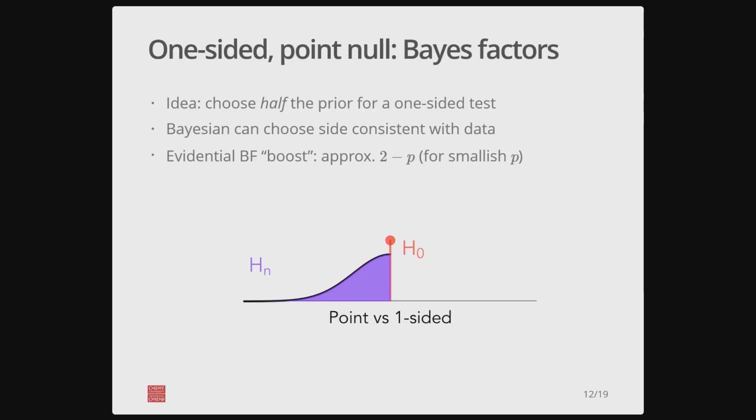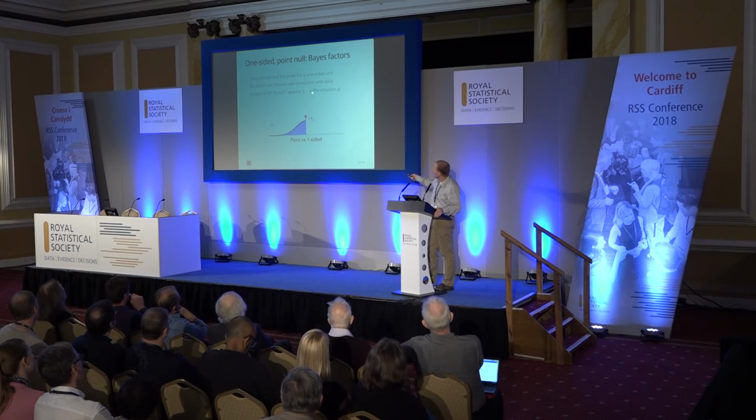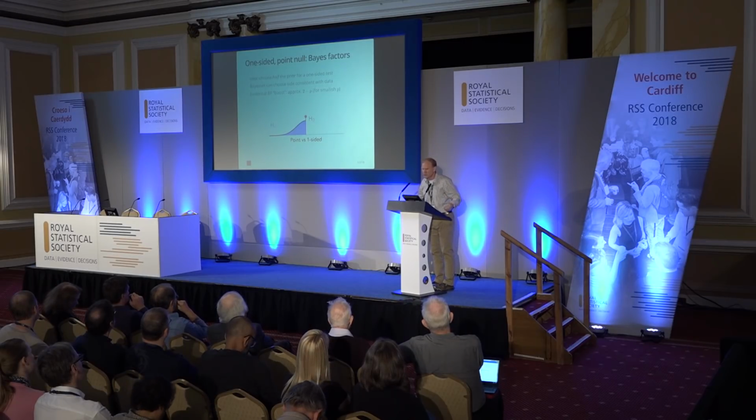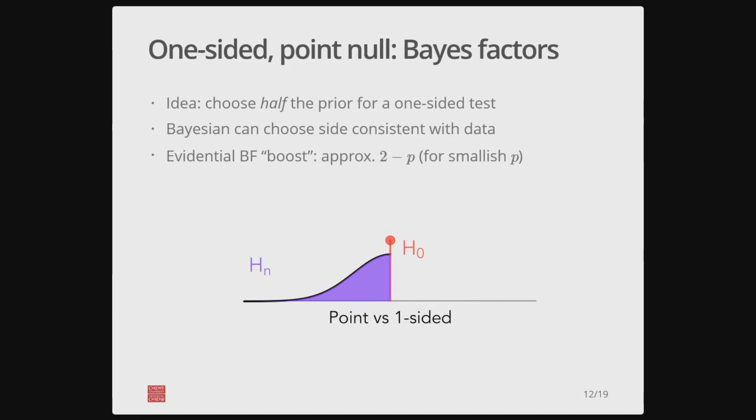So a Bayesian can choose the side most consistent with the data and then add an evidential boost of about, for small p-values, about 2 minus p. So it's about 2. It's very similar to the boost that you get from doing a one-sided versus a two-sided significance test.